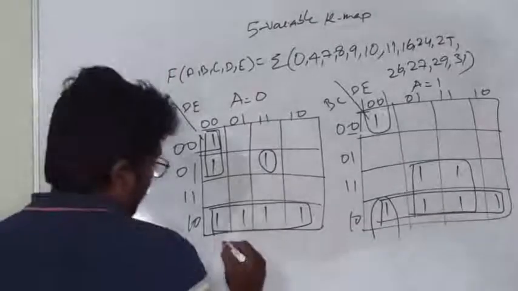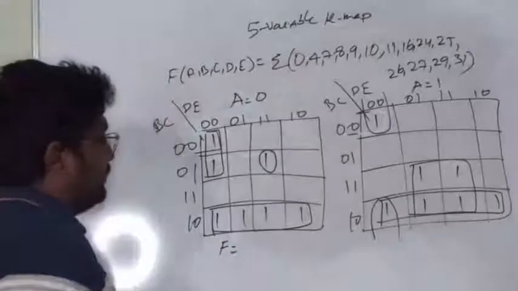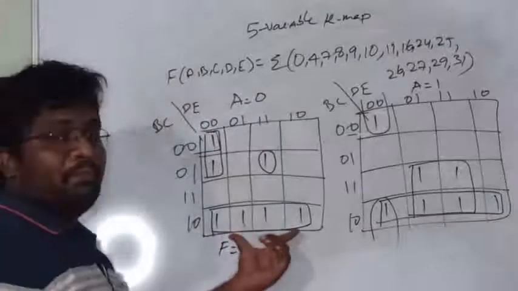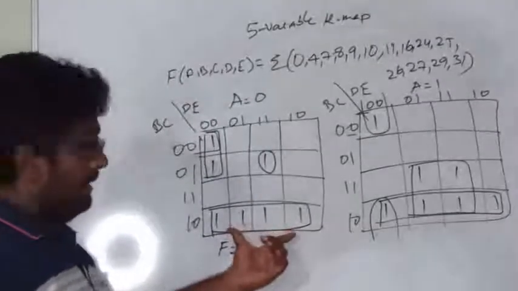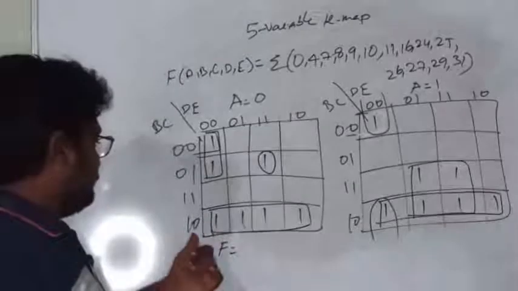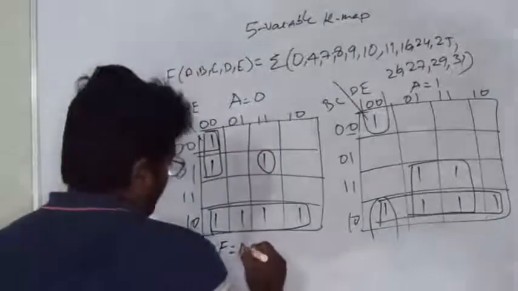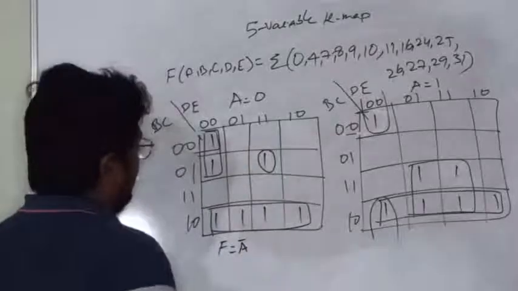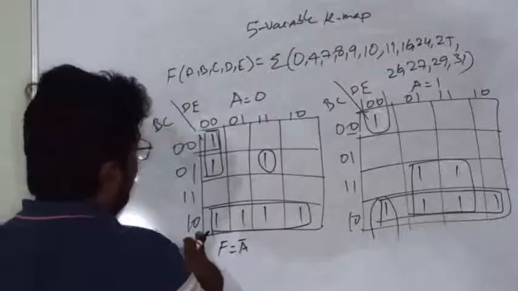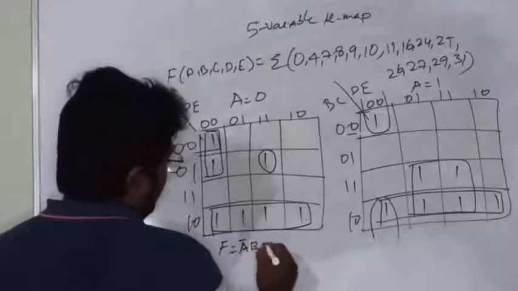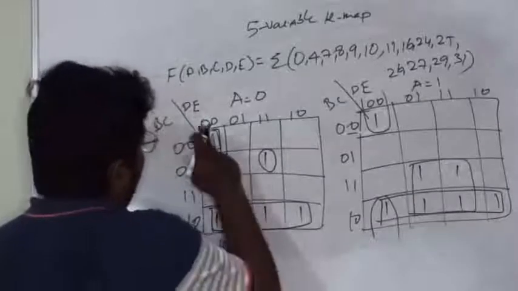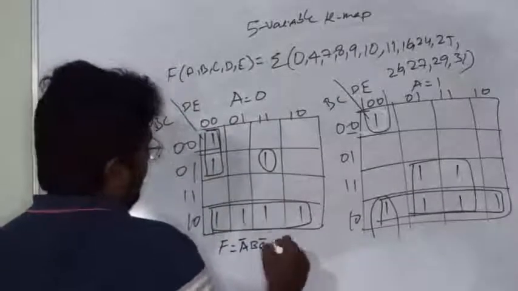So now let us find the value of f. If you take this quad, we will be getting A is equals to 0. So here we will be getting A complement, plus 1 and 0 values are not varying, right? So B, C complement, and D and E values are varying, right?